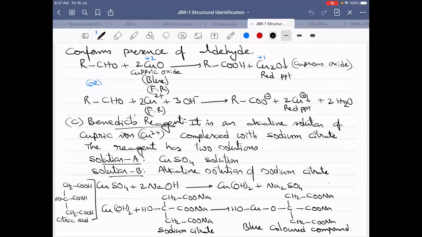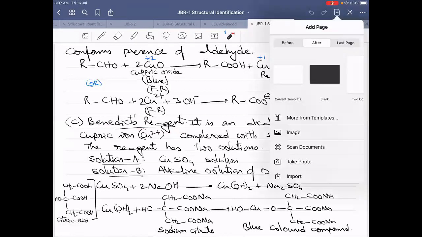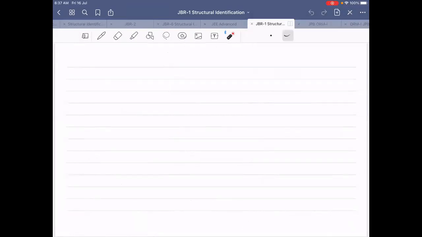See, here actually the point is Benedict's reagent, or else I will show you like this, maybe you will understand it better. There is copper sulfate, aqueous copper sulfate, or let us say copper sulfate is given to you.